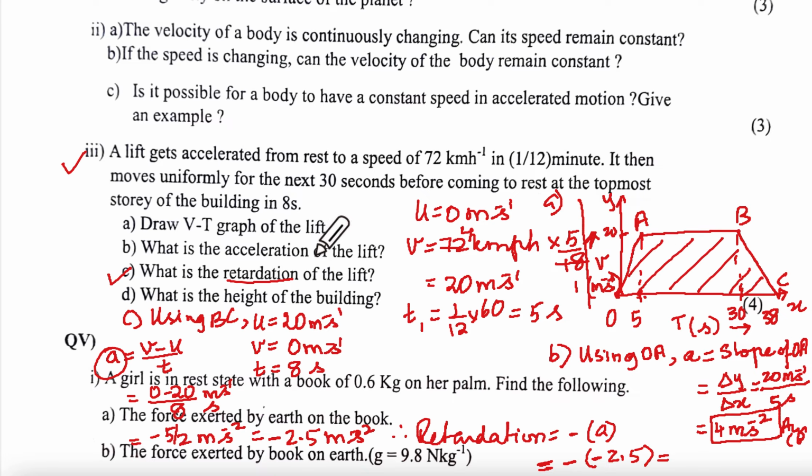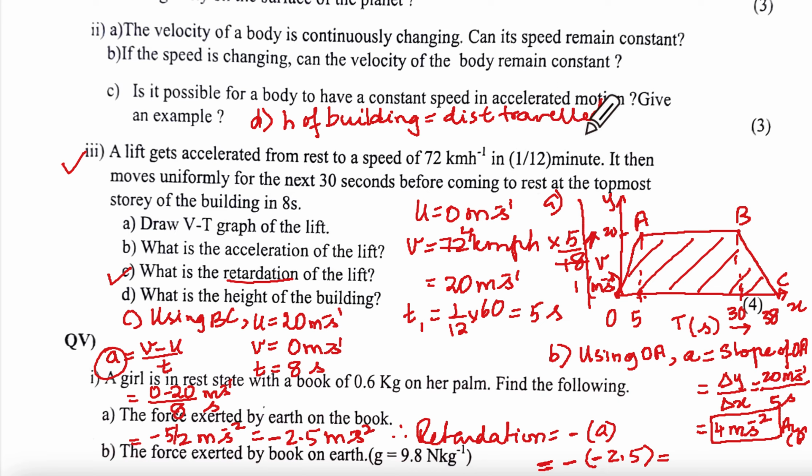The height of the building is the total distance covered, which will be the area of this. Understood? So for D part, I will write here the height of building is going to be the distance traveled, correct? Distance traveled.